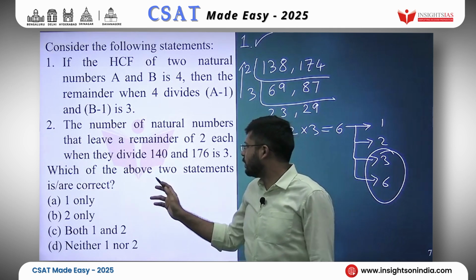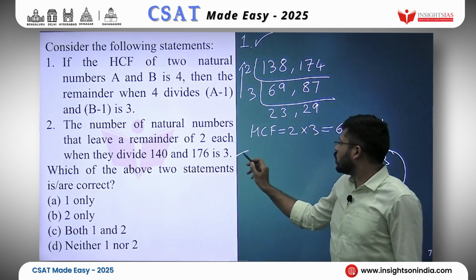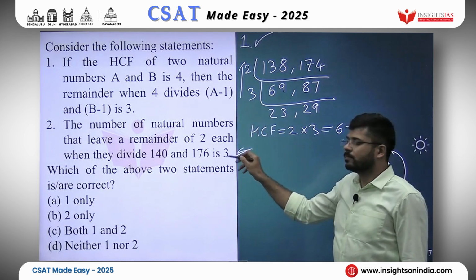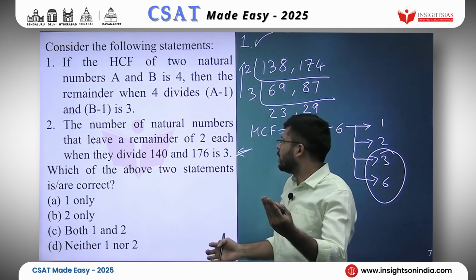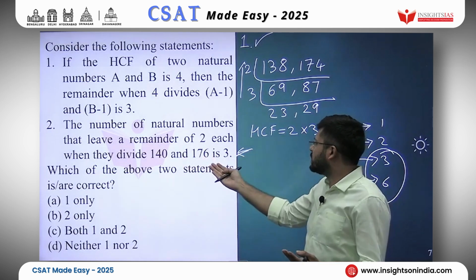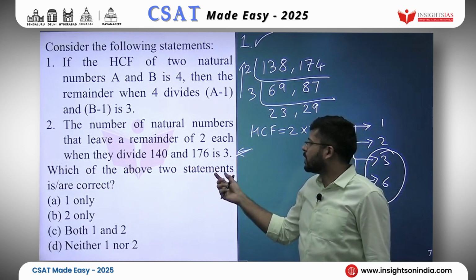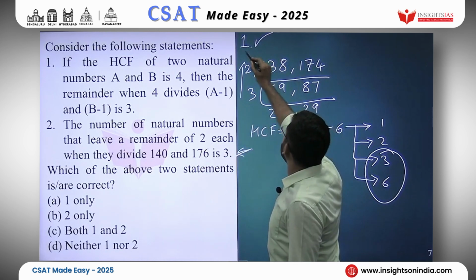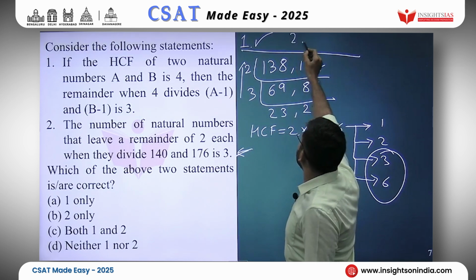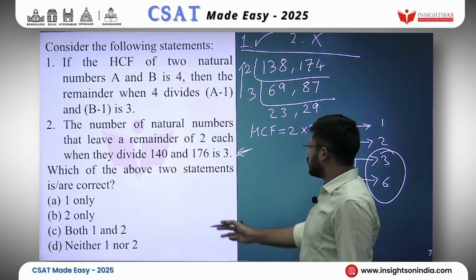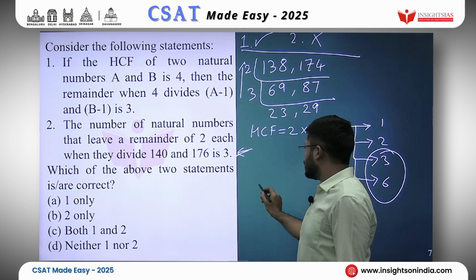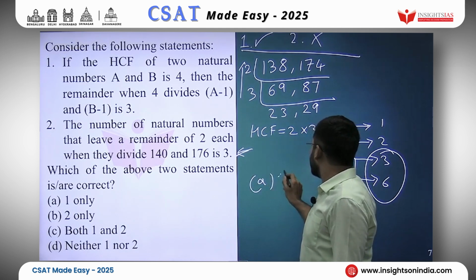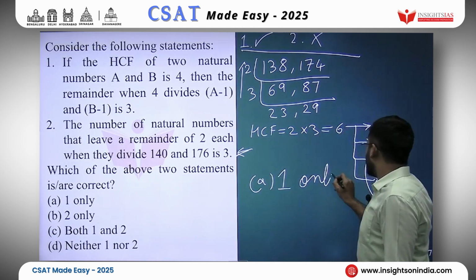So our answer would be 2, not 3. So there are 2 numbers which divide 140 and 176 and leave a remainder of 2 in each case. So our statement 1 was true, our statement 2 happened to be false. So our answer will be option A, 1 only.